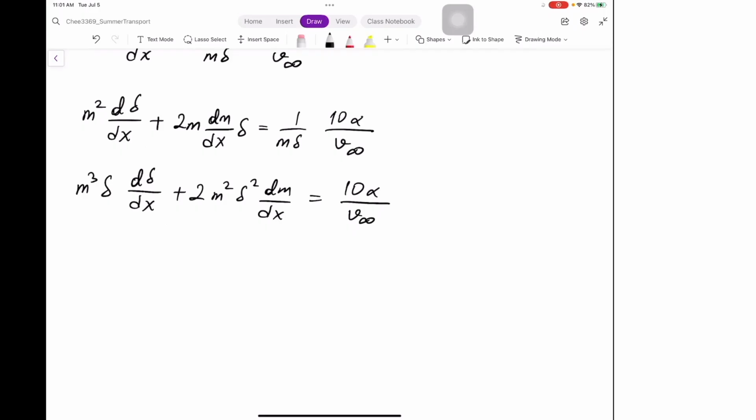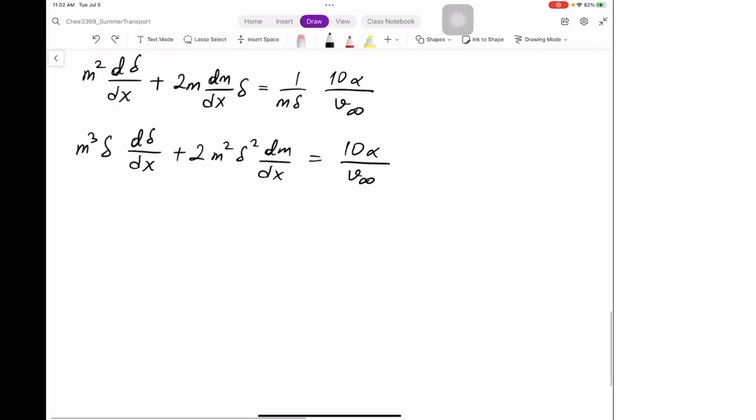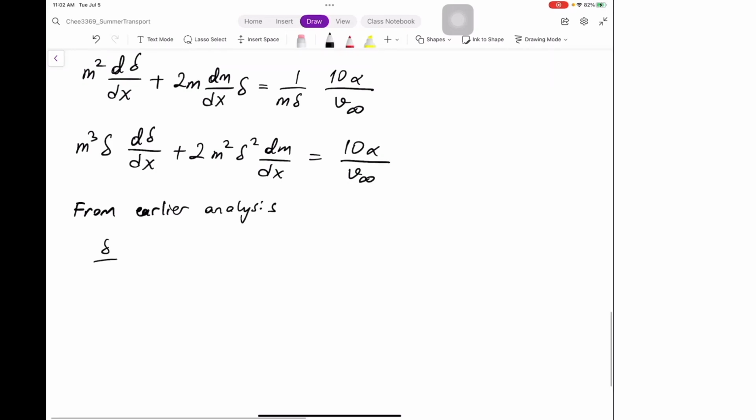But we should at this point use some results from our earlier analysis, right? For example, what was the delta as a function of x? If I know it, I can just calculate the m as a function of x as well. So from our earlier analysis, we had said that delta over x for the hydrodynamic boundary layer is 4.64 Reynolds number x to the power minus 1 half, correct?